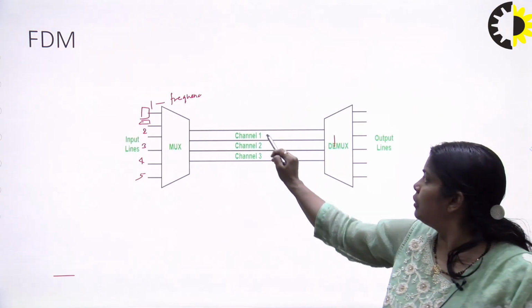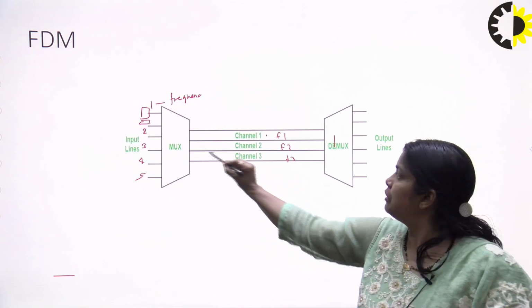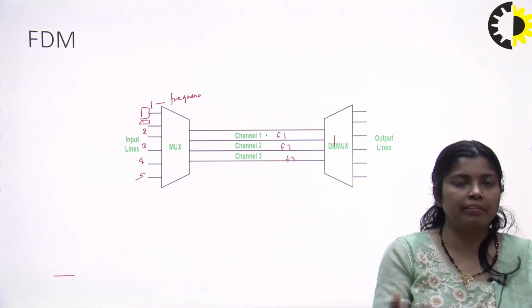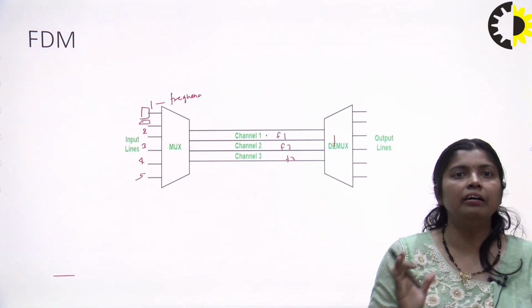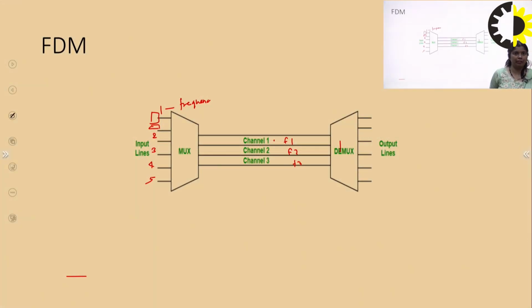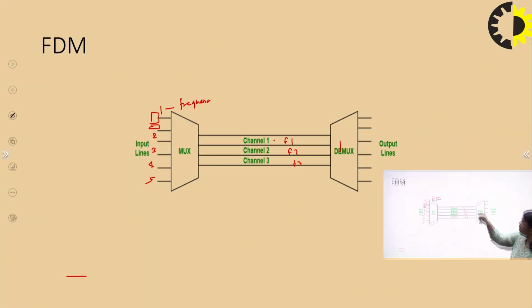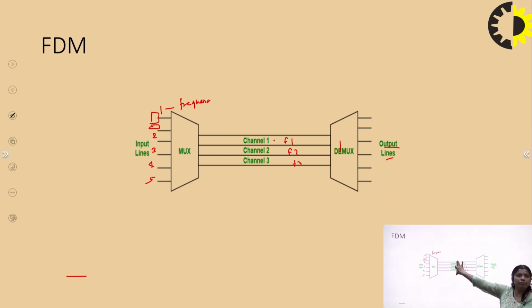All these frequencies travel together, and the black line shows the guard bands, the unused frequencies for separating these frequencies. The main work of the demultiplexer is to generate the output values from the one single signal.